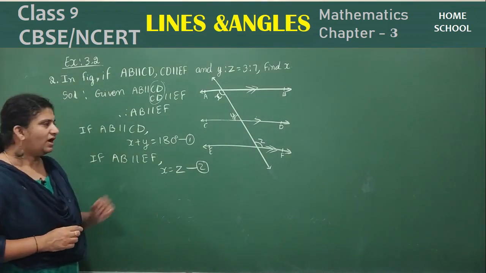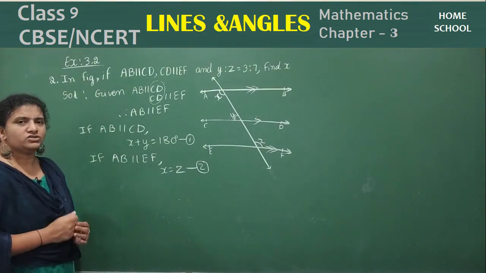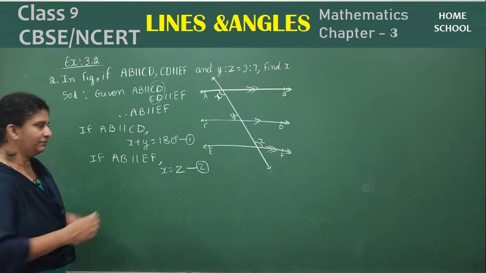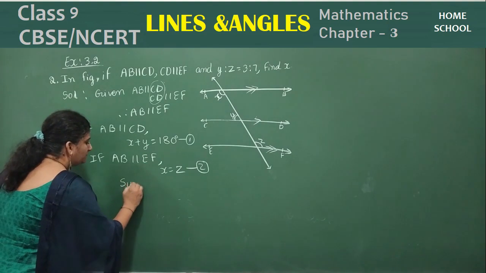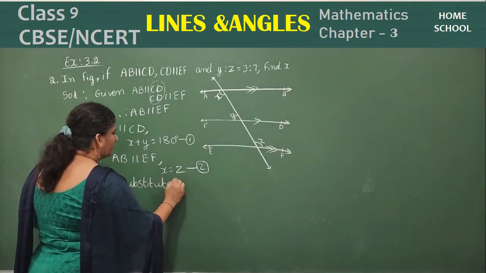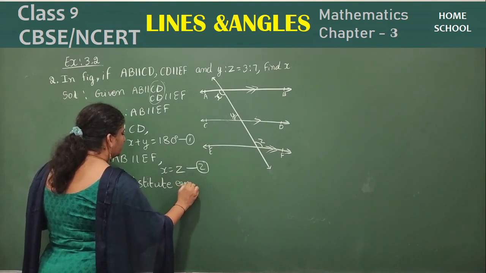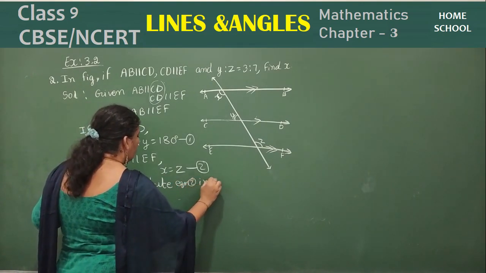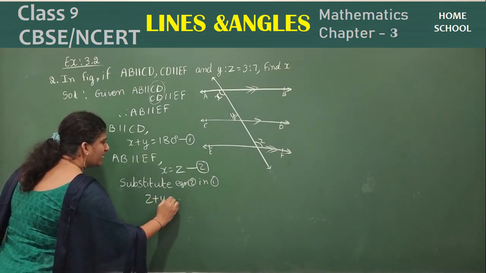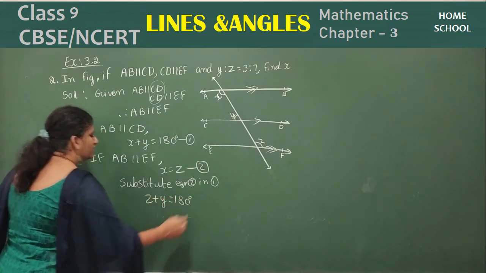Next step, I didn't get any answer yet. So what do I do here? This x value I will substitute here. Substitute equation 2 in 1. That makes z plus y is equal to 180 degrees.